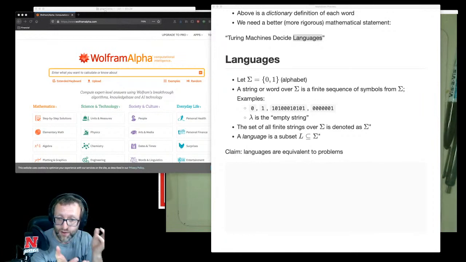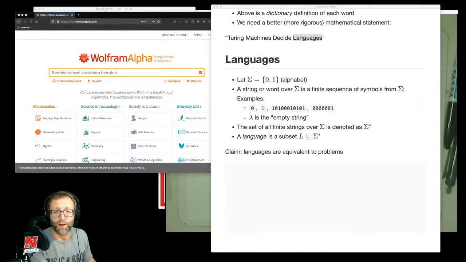Any set operation that you can think of can be applied to a language, and then you're playing around with languages themselves. And this kind of makes sense too, because if we had said that sigma was A, B, C, D, E, F, G, or A through Z instead, then we would be saying that our language is some subset of finite combinations of those things.